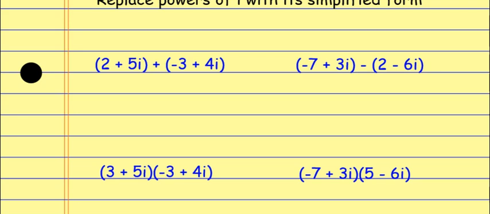For example, if I look at something like this guy, I'm adding 2 complex numbers, and if I were to treat this like I'm dealing with variables, it simply means, hey, let's combine like terms. Let's add up the like terms. I'm going to add the real number parts, 2 plus negative 3, which is a negative 1, and then I'm going to add the imaginary number parts, 5i plus 4i, which is 9i.